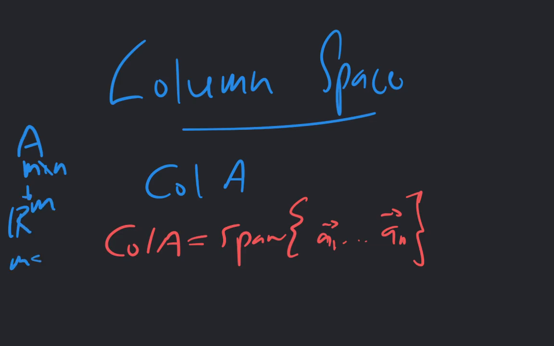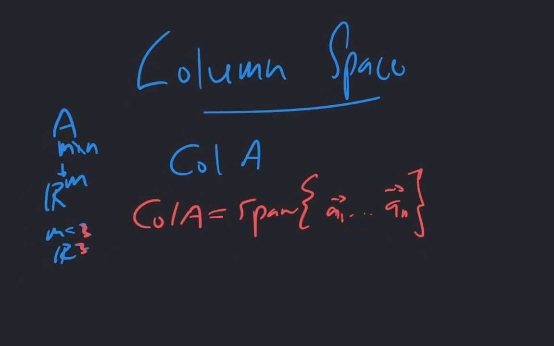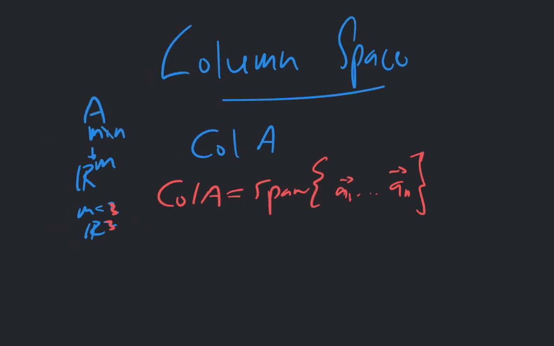Meaning if m is equal to 2, then it's R2. If 3, then R3. The column space is a subspace of this Rm.